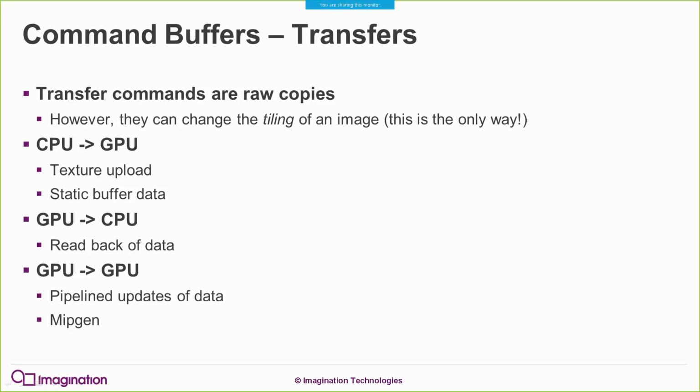So the first type of transfer, which is probably the most important, is transferring data from the CPU to the GPU. Now, this isn't necessarily from your CPU memory to your GPU memory, but this is from CPU visible memory into GPU-only memory. The reason you might want to do this is if you've got a Titan or a Fury X or whatever they're called sitting in your PC at home, you're going to have some static data in your scene. So let's say static mesh data.